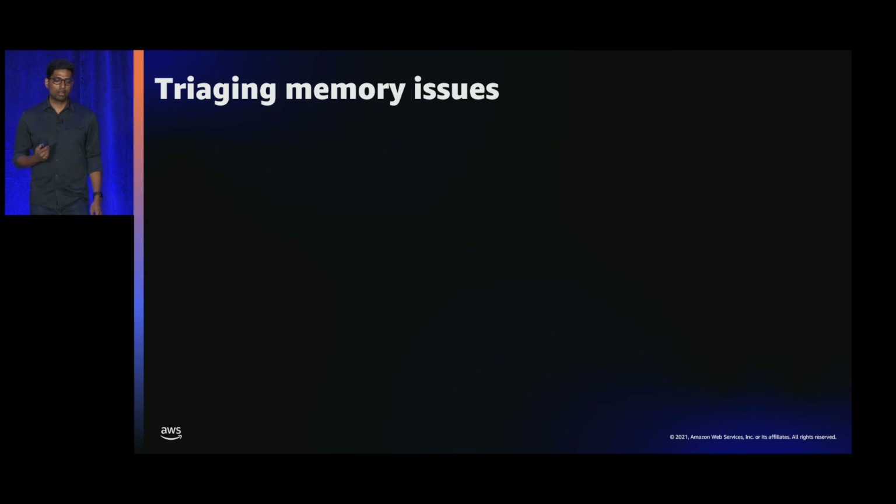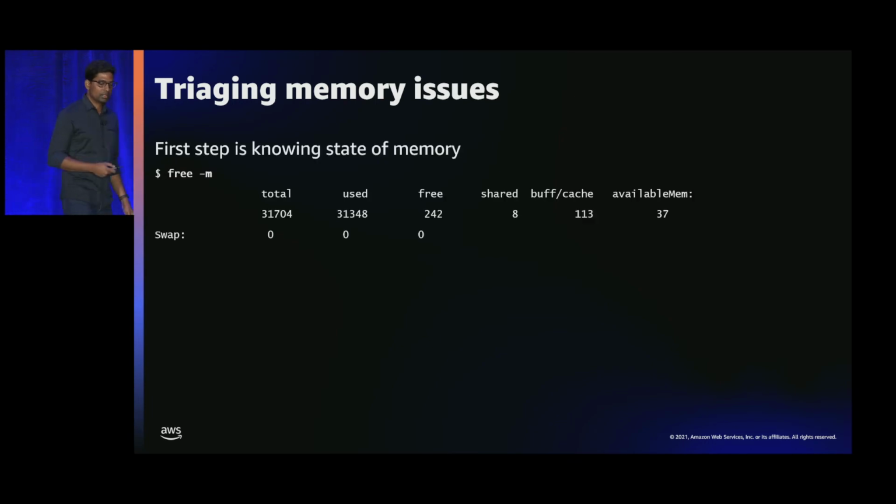So we started digging more into why this happened in the first place. On this instance, we started looking at the state of the memory. This is a standard Linux command, free, which most of you are probably aware of. It shows about close to 31 GB of memory available, and most of it is used.